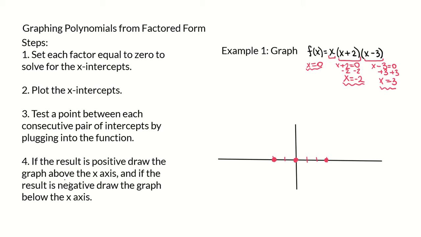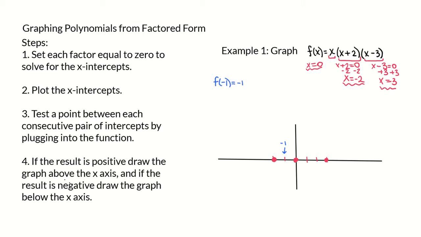Now for the third step, we test a point between each consecutive pair of x-intercepts by plugging that point into the function. So for example, between negative 2 and 0, we could choose the number negative 1. So we will find f of negative 1 and plug that number into the function.